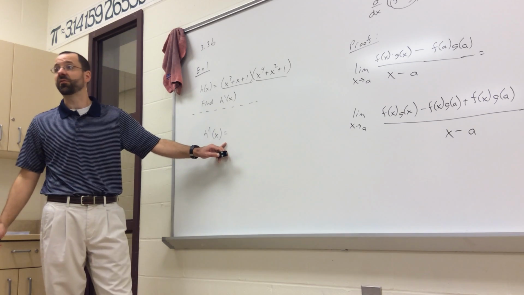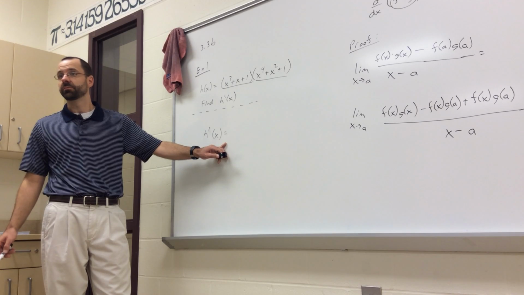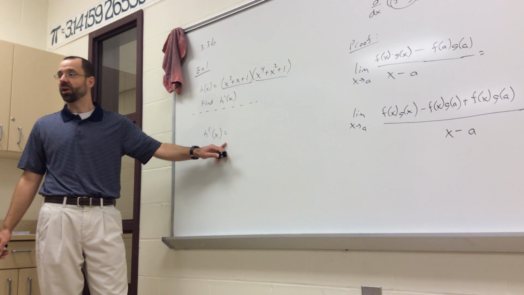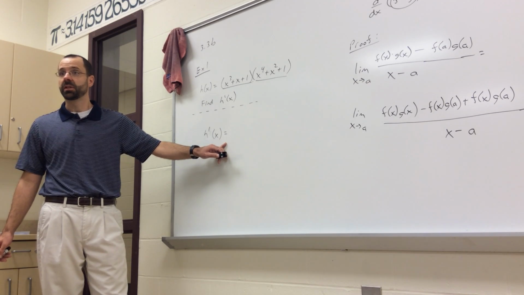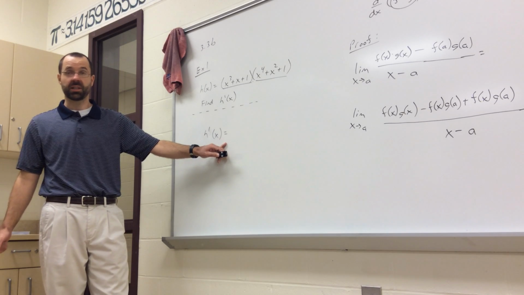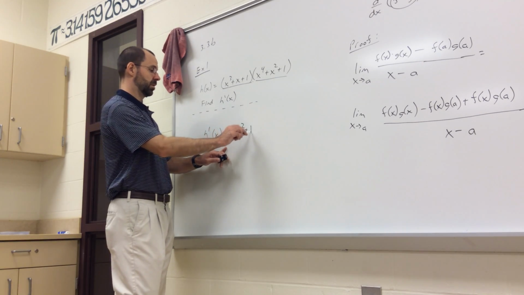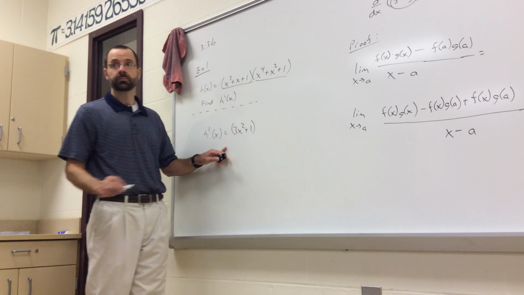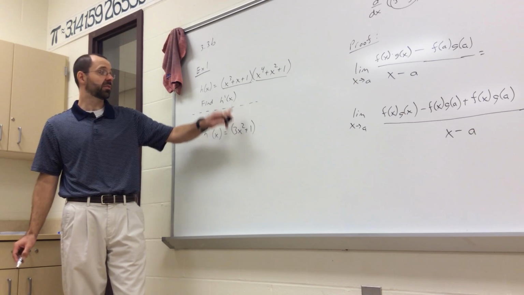Okay, so what's the first function? x cubed plus x plus 1, right? And the second function is x to the fourth plus x squared plus 1. So the way the product rule works is you take the derivative of the first thing, so all this here is the derivative of that.